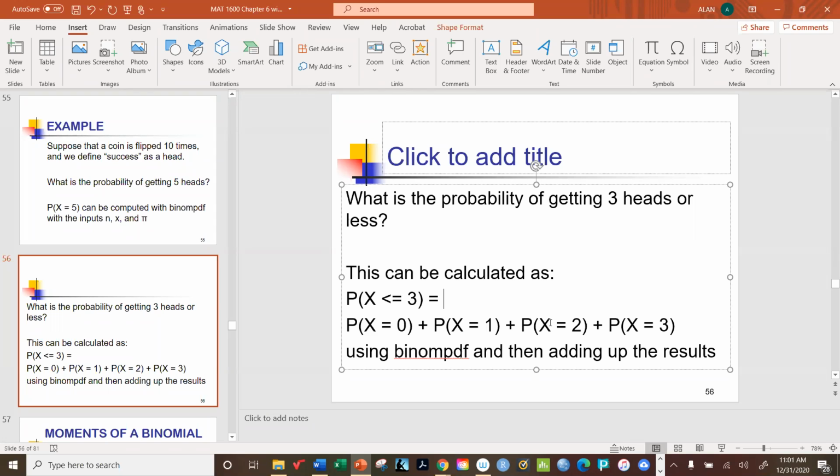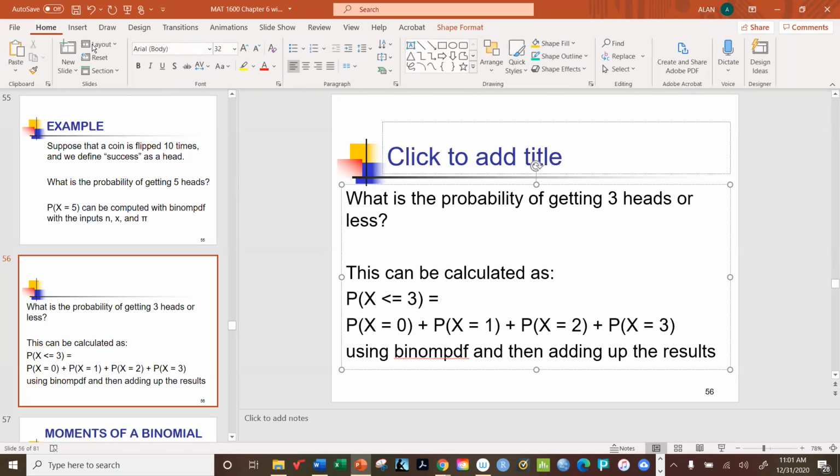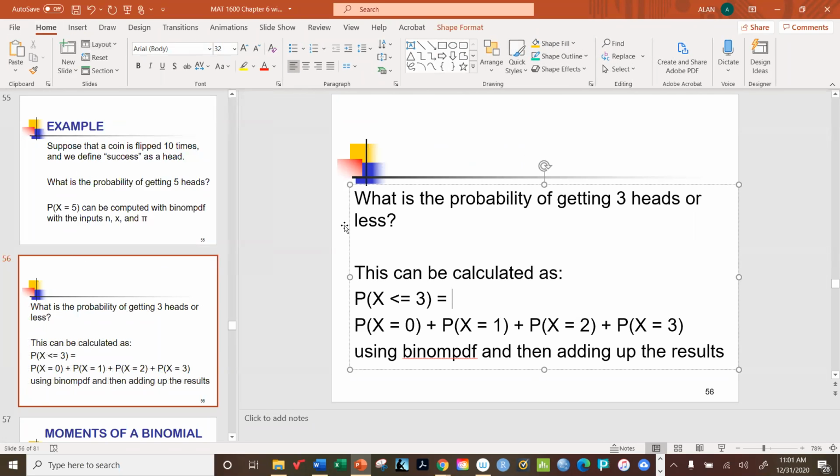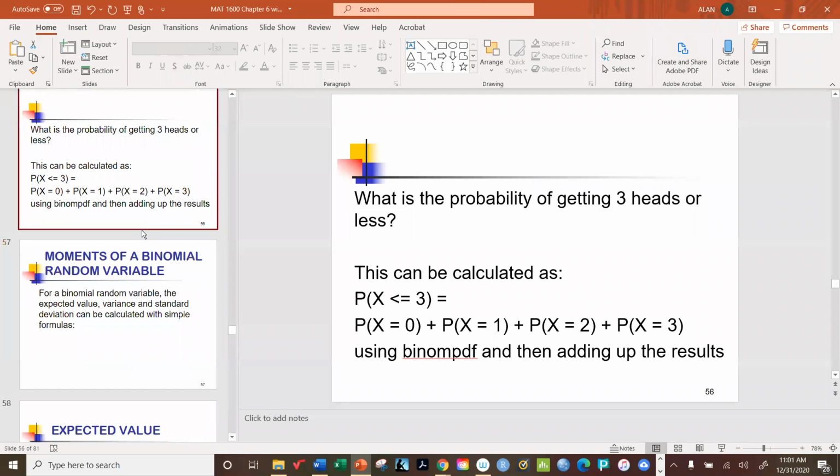So what can we do to avoid doing all that extra work? Well, that's when we need Binom CDF.